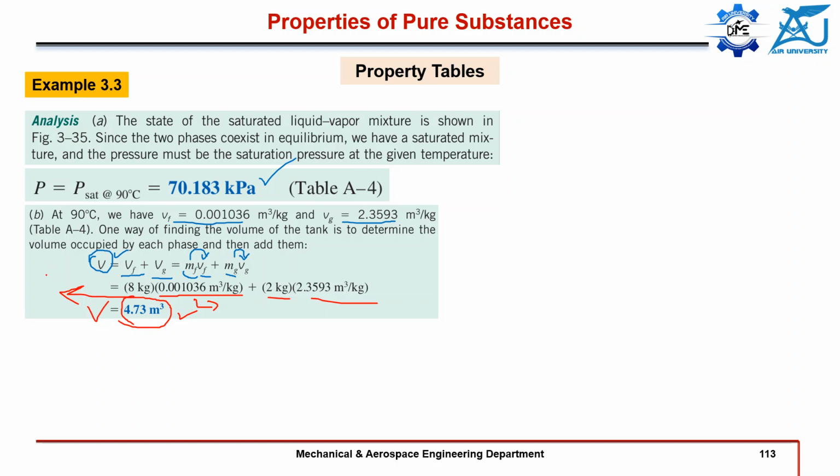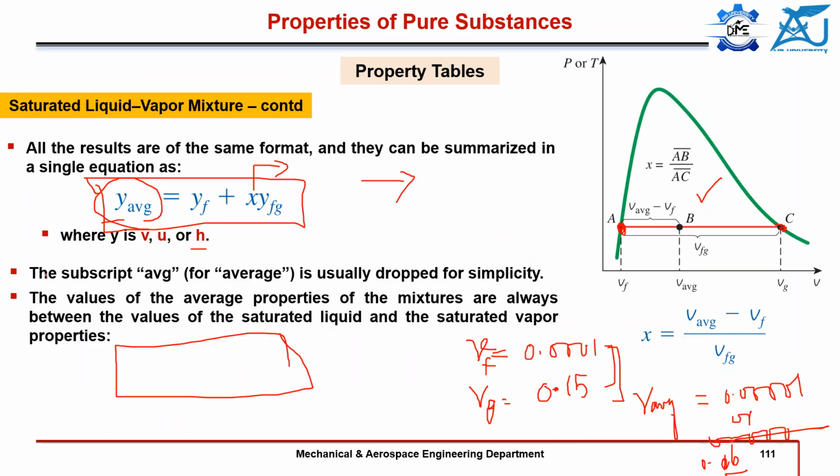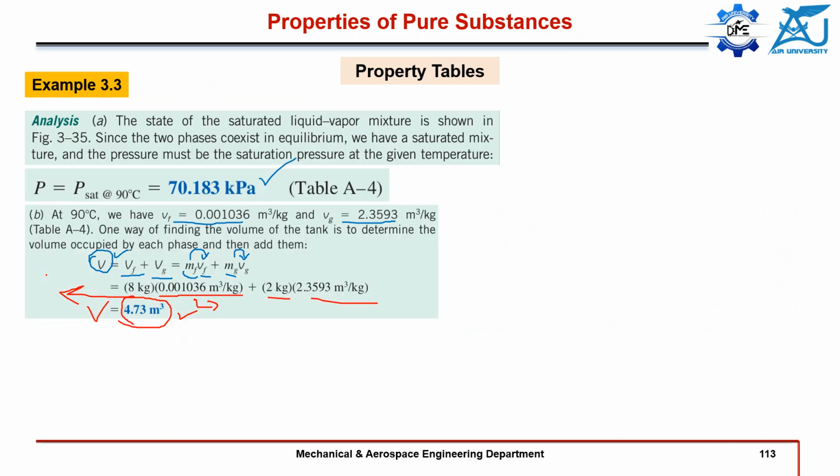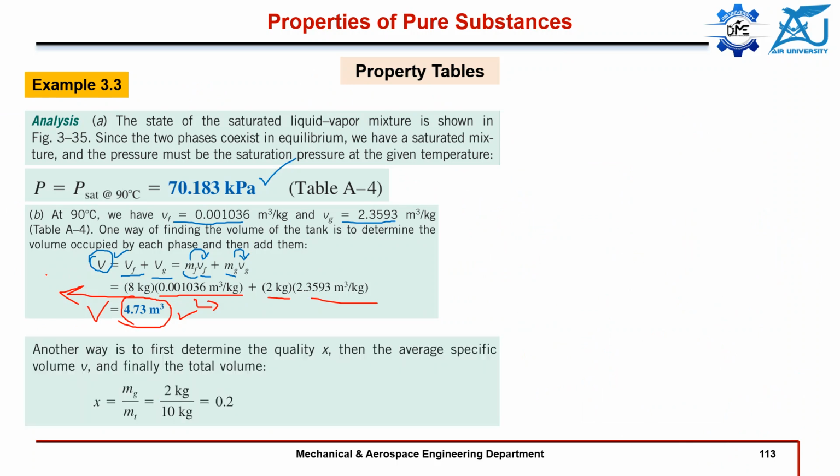Now you will see that normally the mass is not given in these problems. We are given the quality of the vapor, or we can find out this quality in some way. But here, by using the masses directly, we can find the quality. Either use this technique to solve the problem, or the next technique, which is to find the quality. The total mass is 10 kg and the mass of vapor is 2 kg.